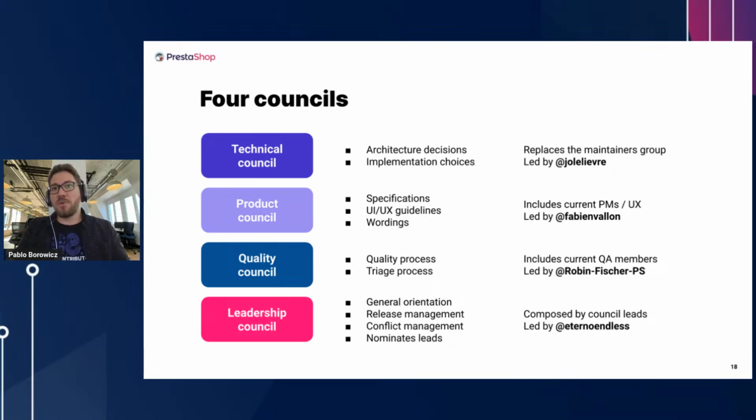And this council is composed by the current council leads, so Jonathan, Fabien, Robin, a couple key people from the company, and myself, who is going to be leading this group. So this is the initial organization that can evolve, of course.